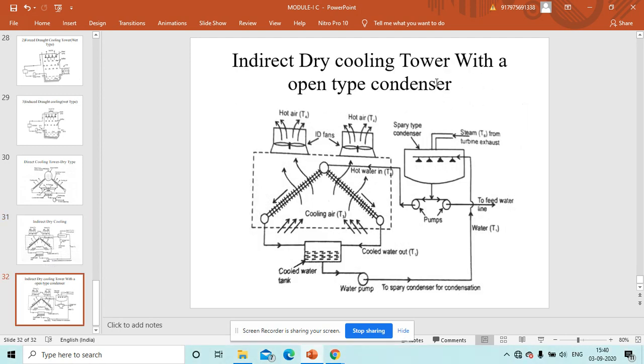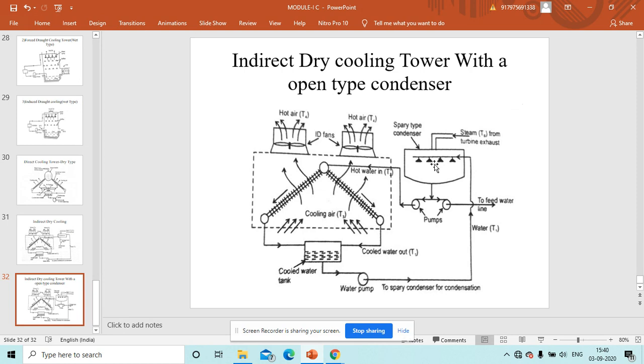So, indirect dry cooling tower with the open type condenser. Here you just see, it is the same as the last indirect type dry cooling. But the difference is, instead of the normal tube and shell type condenser, they are using a spray type condenser, where the steam comes in direct contact with water.